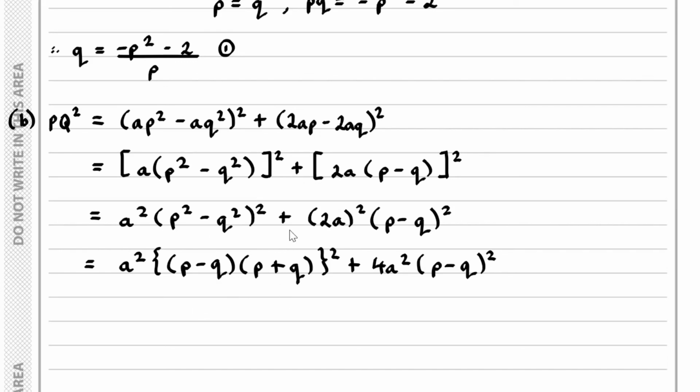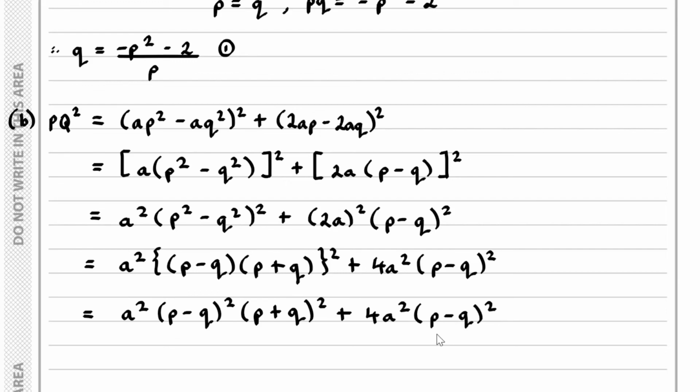And again, using the laws of indices, we have a squared, and then here we've got p minus q squared, lots of p plus q squared, plus 4a squared, lots of p minus q squared.